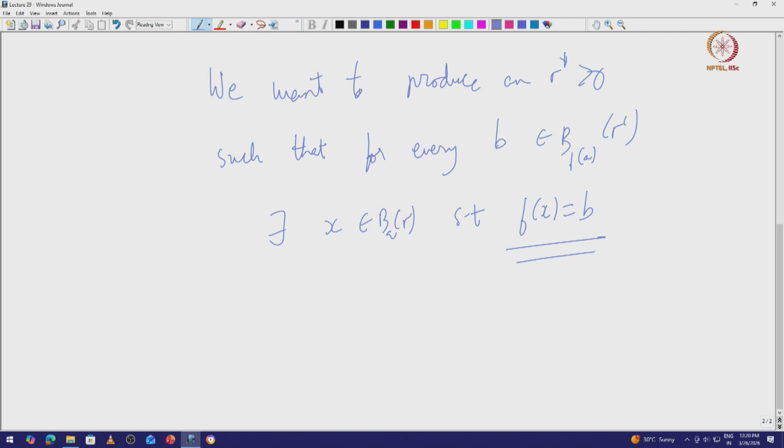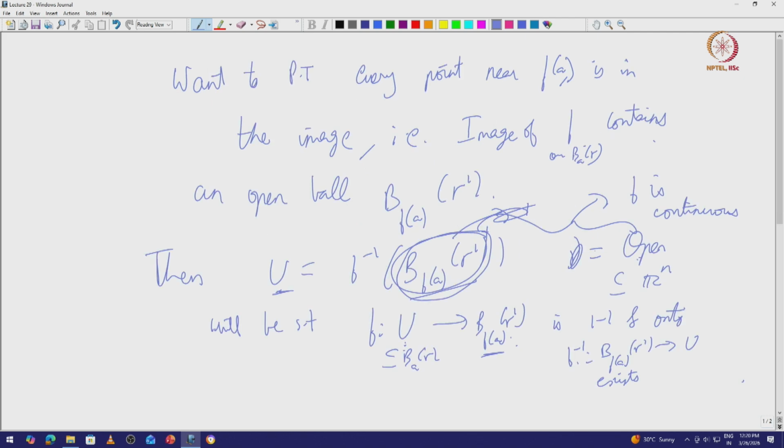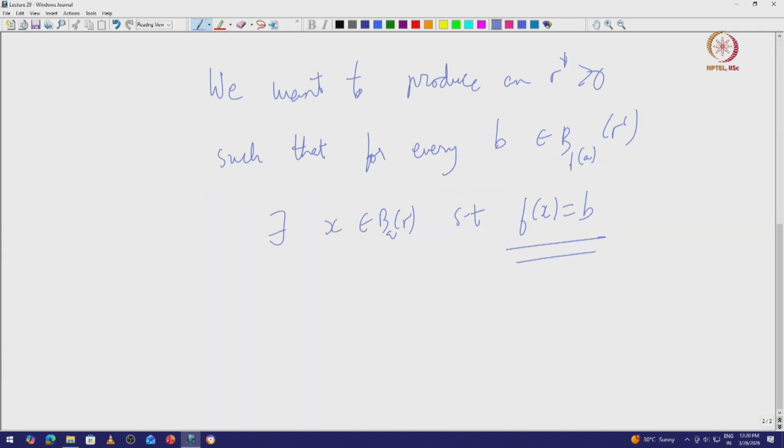That's what we mean by this statement. The image of f contains an open ball, which means everything in this open ball is there in the image of f, which means for every b in this open ball, there is some x in this ball so that f(x) equals b. In fact, there exists a unique x. If there exists one, then it will be unique by our first part of the proof.